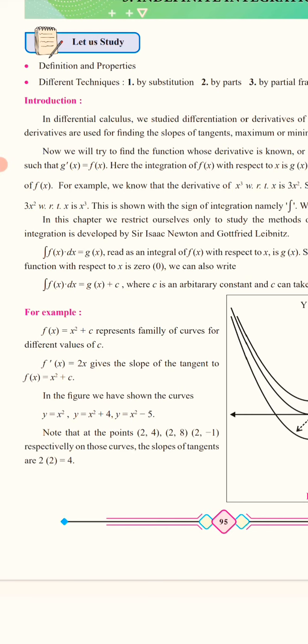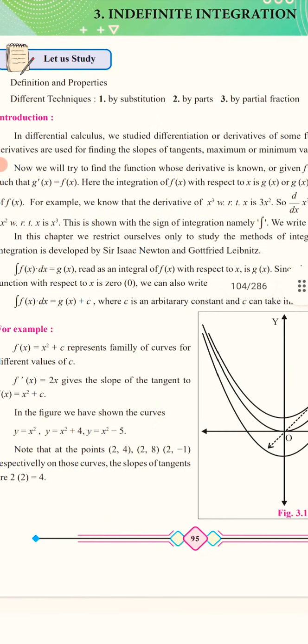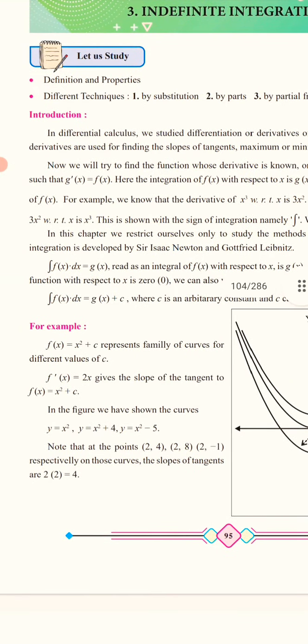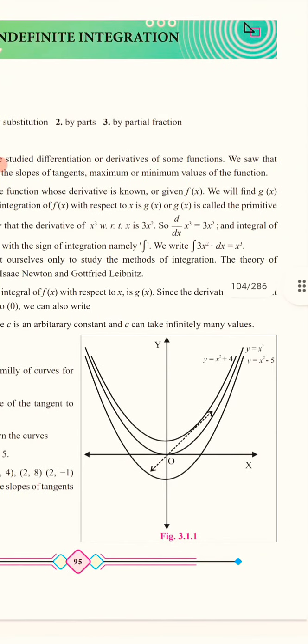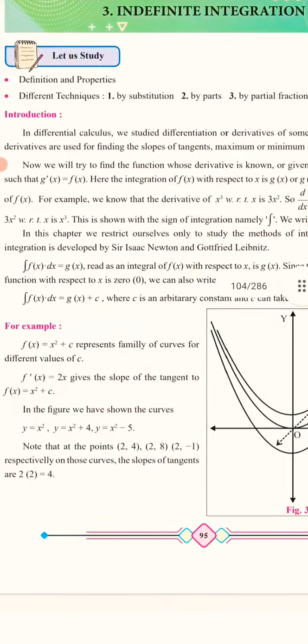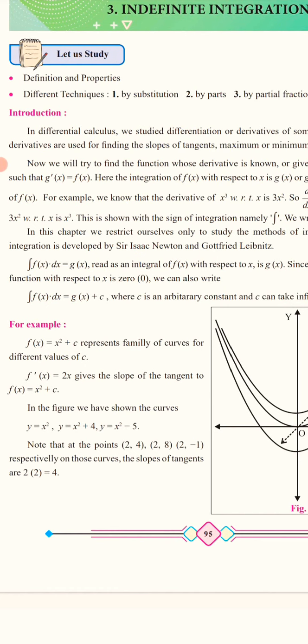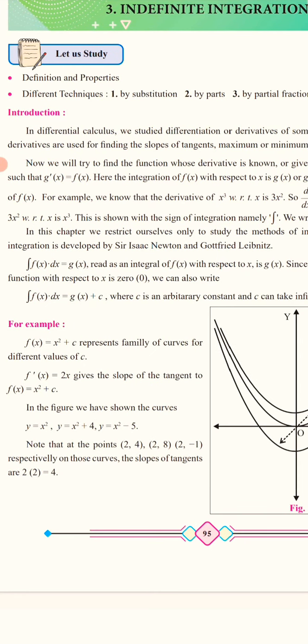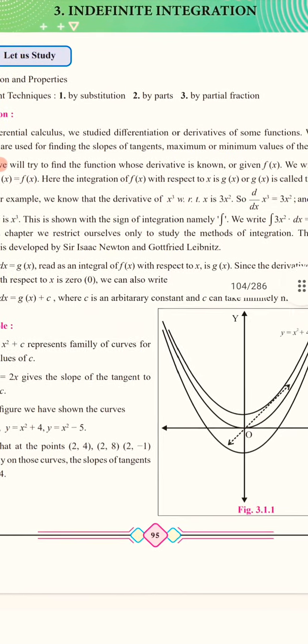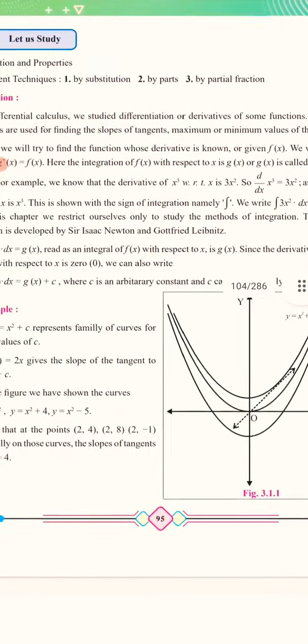So what is the definition of integration? In differential calculus, we studied differentiation, or the derivative, of some function. We saw that derivatives are used for finding the slopes of tangents, and maximum or minimum values of the function.